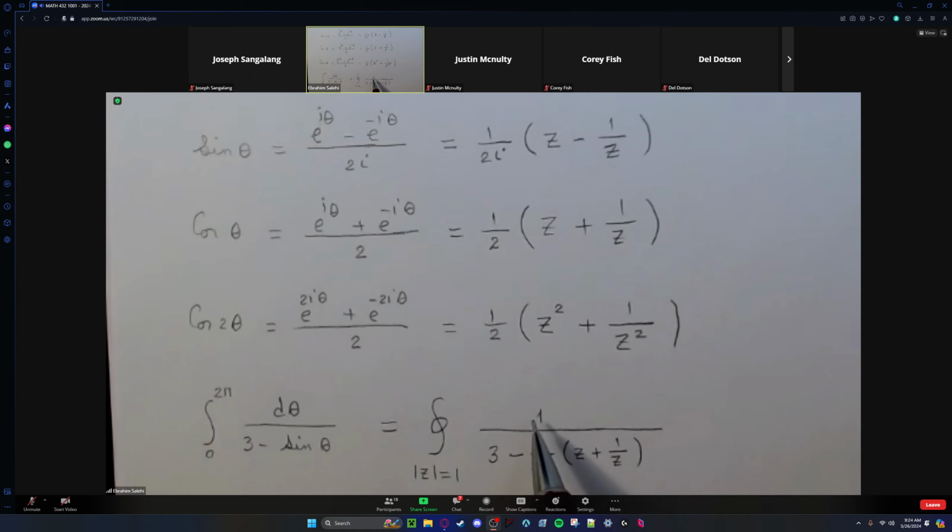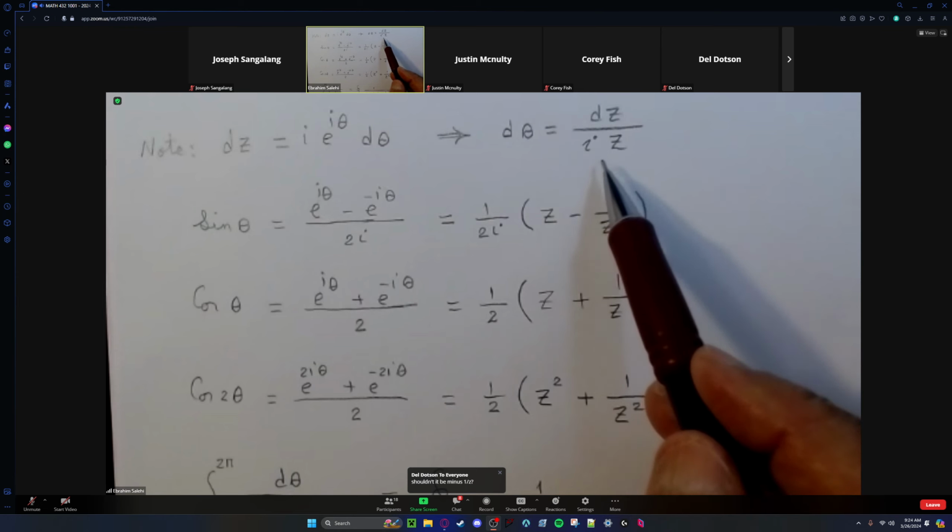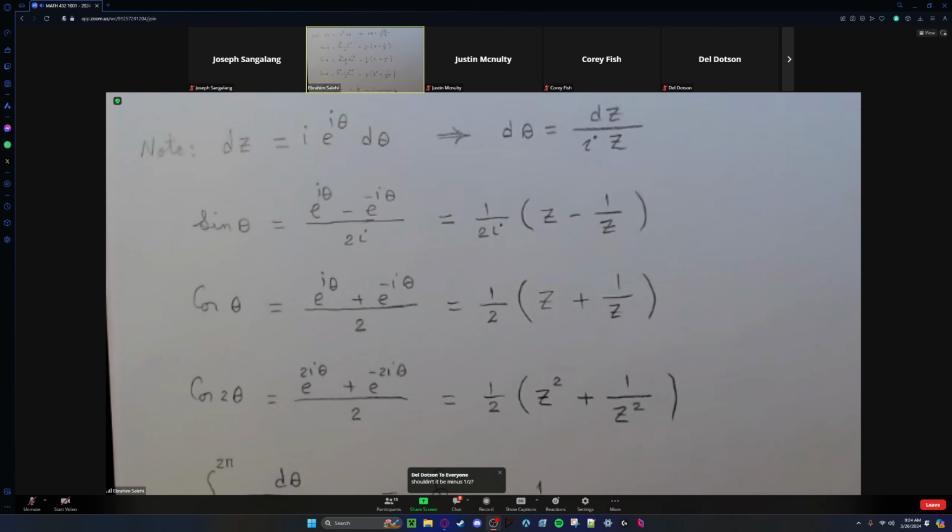So this is 1 over 3 minus sine theta, all right? Times d theta, and d theta is right here, which is dz over iz.